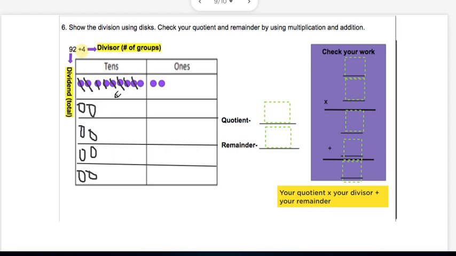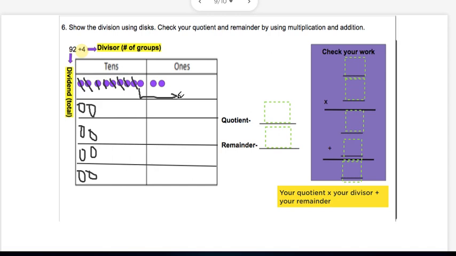Uh-oh. If I draw this last disc in this first group, are my groups still going to be equal? No, they're not going to be equal. Now, this cannot be my remainder because I'm not in my smallest place value. So think about it. If I had a $10 bill and there's not enough for everybody, what do I need to do to that $10 bill? Yes, I need to make some change, y'all.